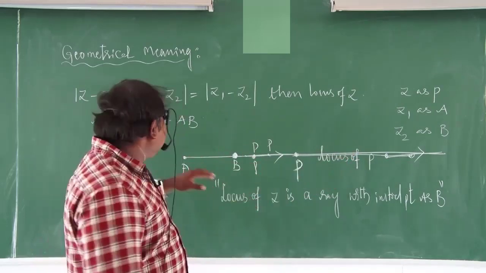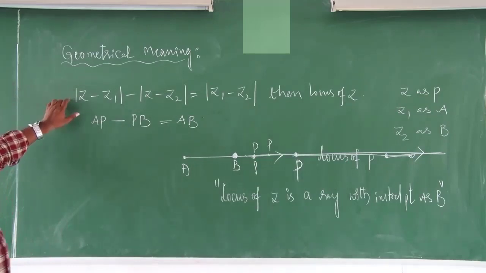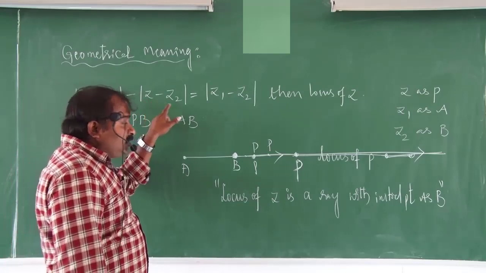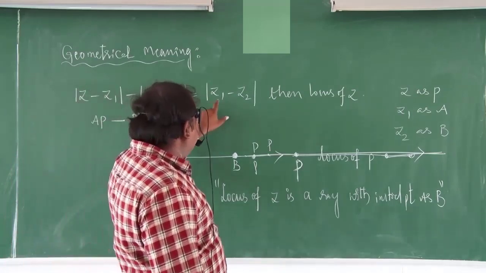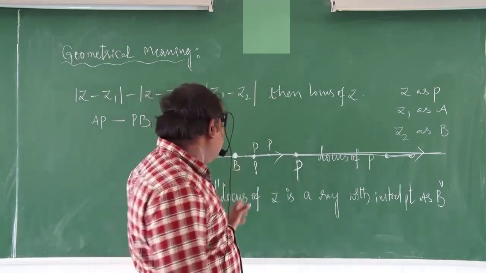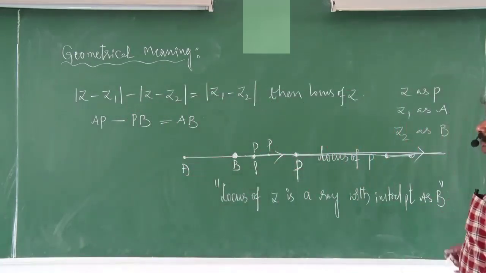So this is the complex form. They will give it like this: modulus of z minus z1 minus modulus of z minus z2 equals modulus of z1 minus z2. Based on this condition, the locus of z is a ray with initial point as B, meaning B is the point z2.